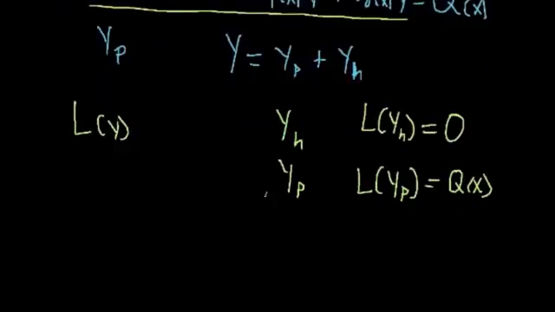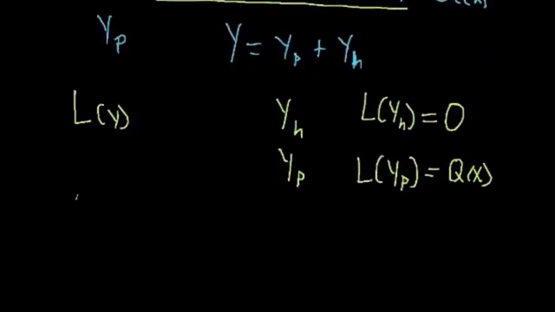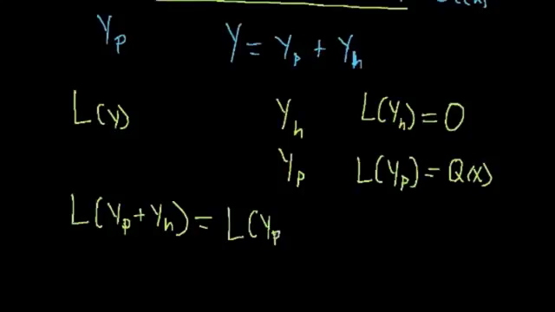So let's see what happens when we add these two together. So L acting on yp plus yh, the particular plus the homogeneous solution. Since this is a linear operator, that's the same as L acting on yp plus L acting on yh.